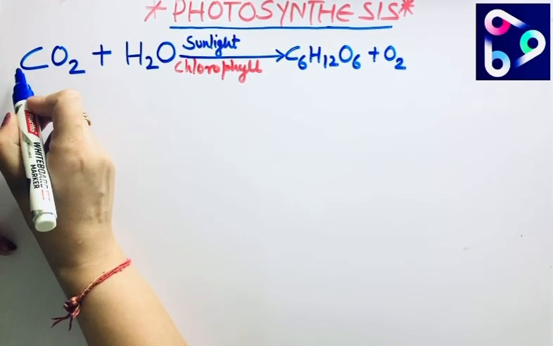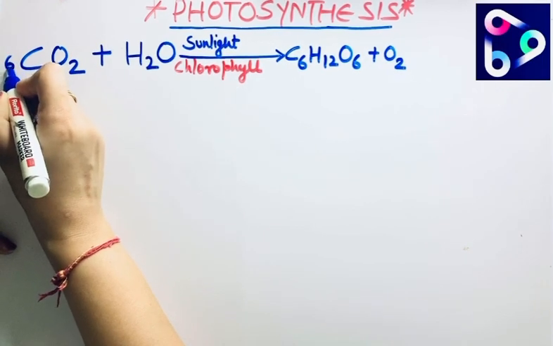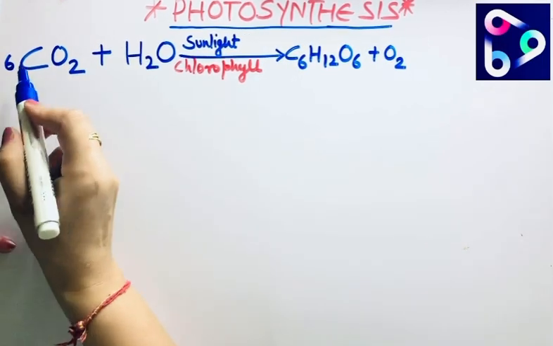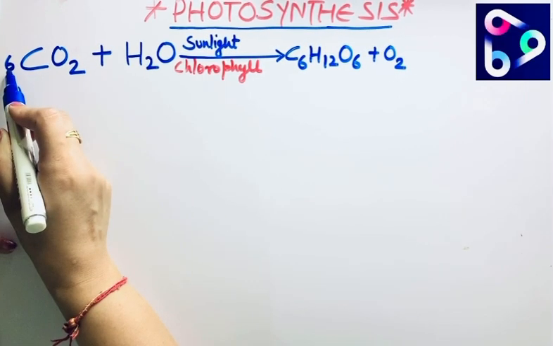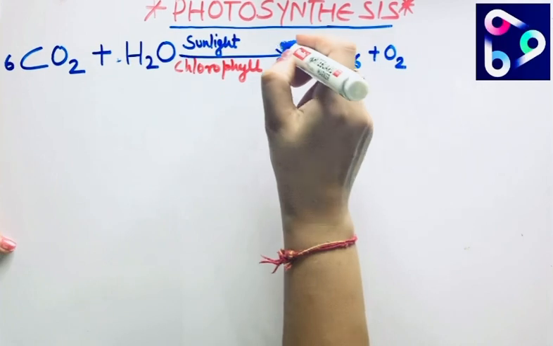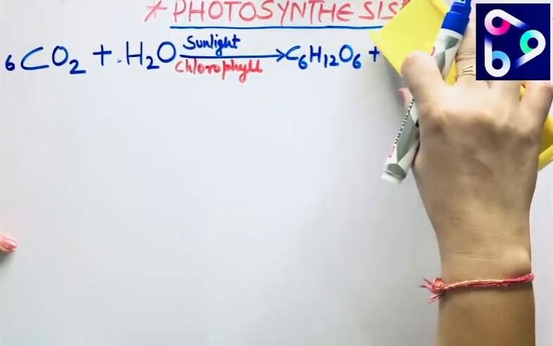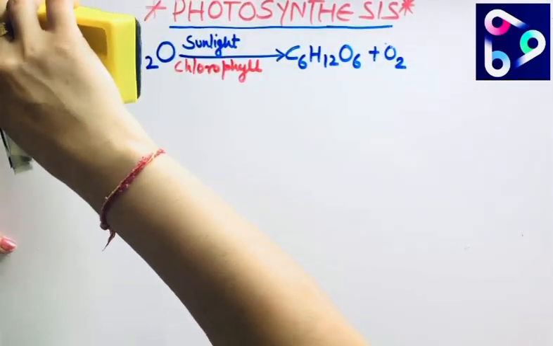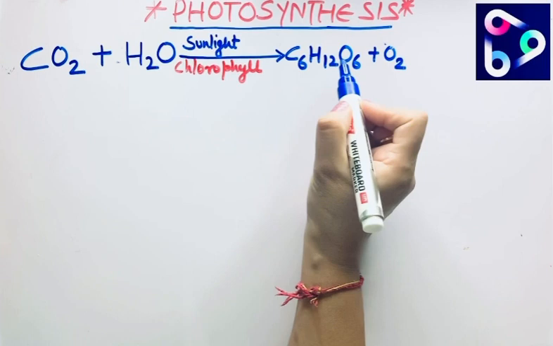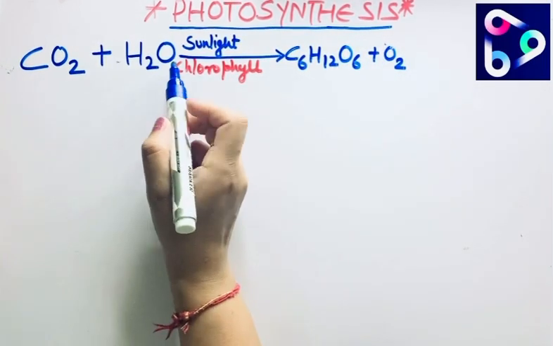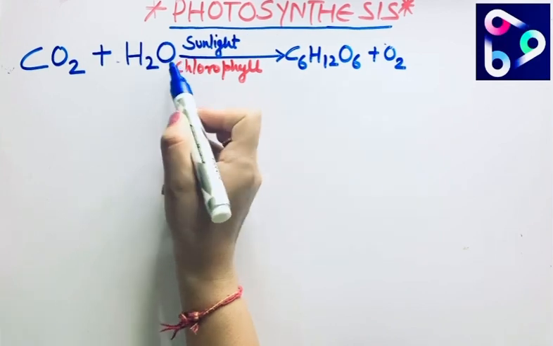First, if you want to add any number, you can add only at the beginning of a molecule, like at the start of carbon dioxide, but not in between the molecule. If you want to add an oxygen 2 in between here, it will be wrong.